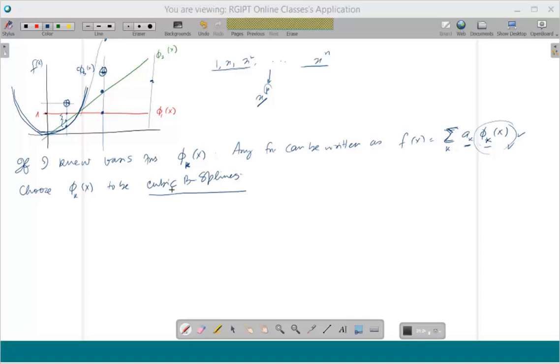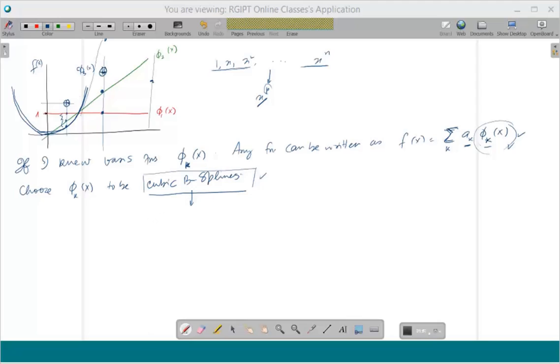But what I want to do is demonstrate how to go ahead with a particular choice of basis functions. For that, I'm going to choose a particular set called B splines. What are cubic B splines actually? First, let me just tell you that it has a particular shape that looks like a bell.